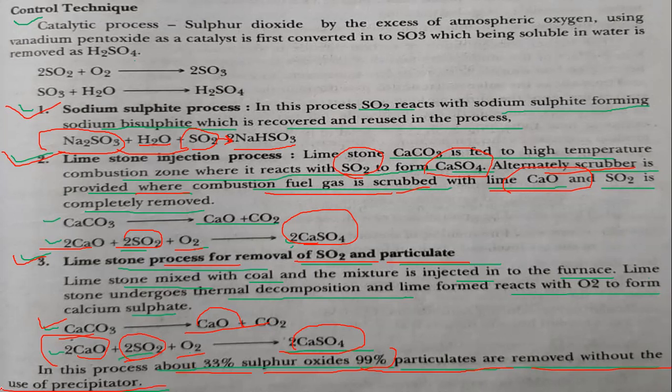This is also a very effective method for the removal of SO2 gases which are forming in the industries. Okay, so these are the three processes or control techniques which are used in day-to-day life to control the formation of SO2.